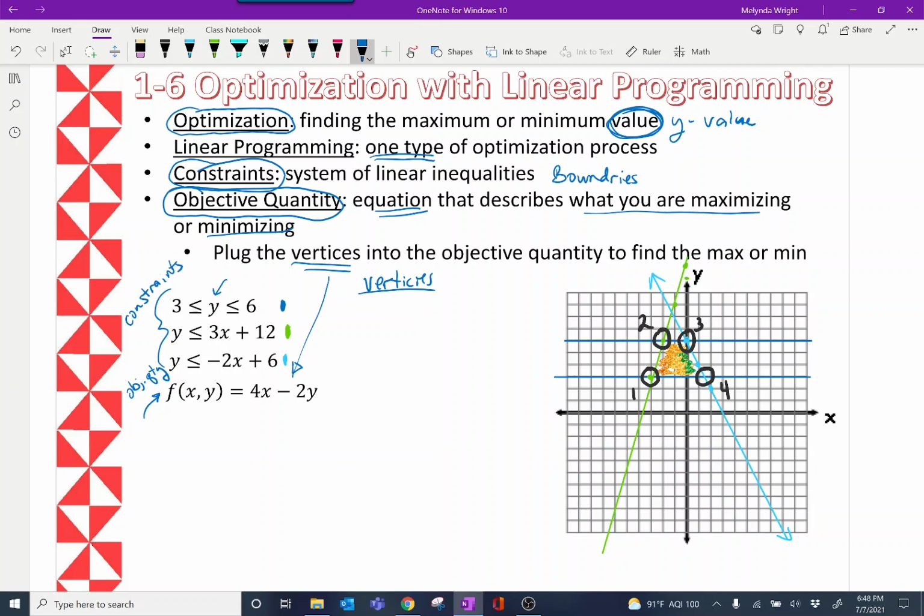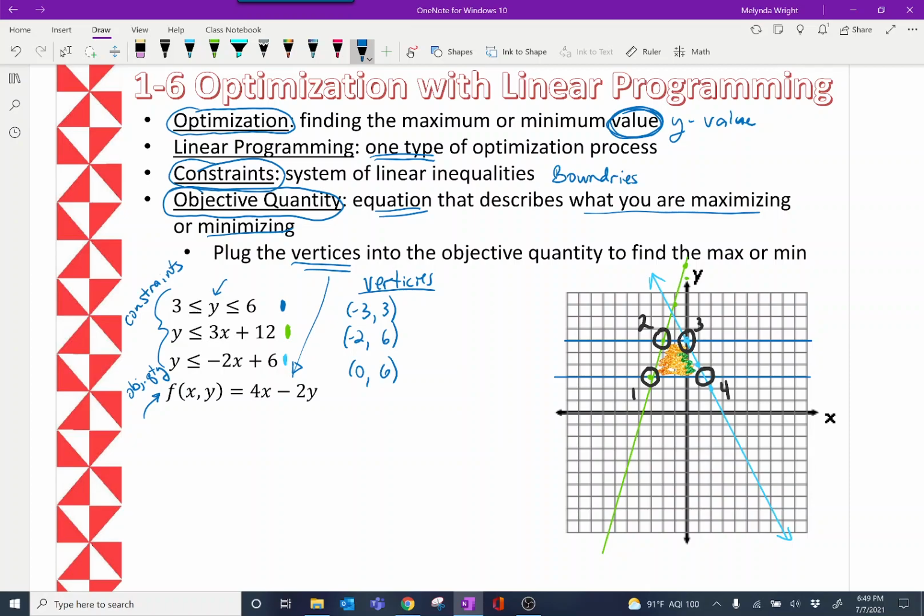Vertex number 1 is negative 3, 3. Vertex number 2 is negative 2, 6. Vertex number 3 is 0, 6.